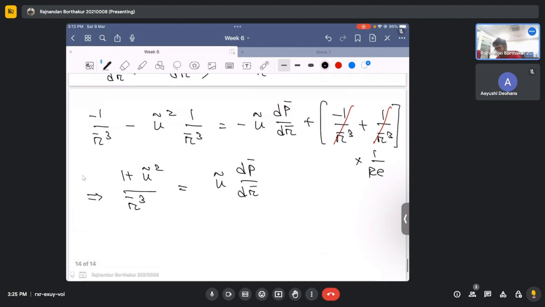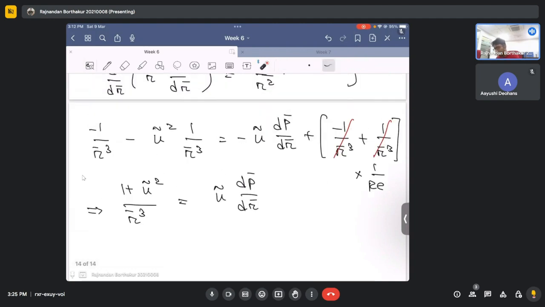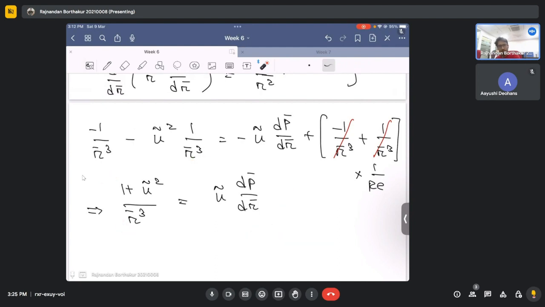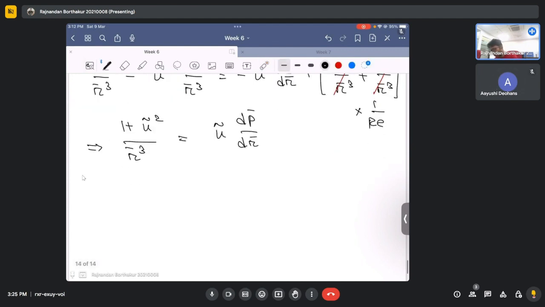Okay, so is this equation integrable or not? Can you tell me? Is it directly integrable? Yes, exactly. So this is integrable, right? Because u tilde is just a constant, we'll bring the pressure to one side and the constant terms to the other side, into this, which is just dr by r cubed.